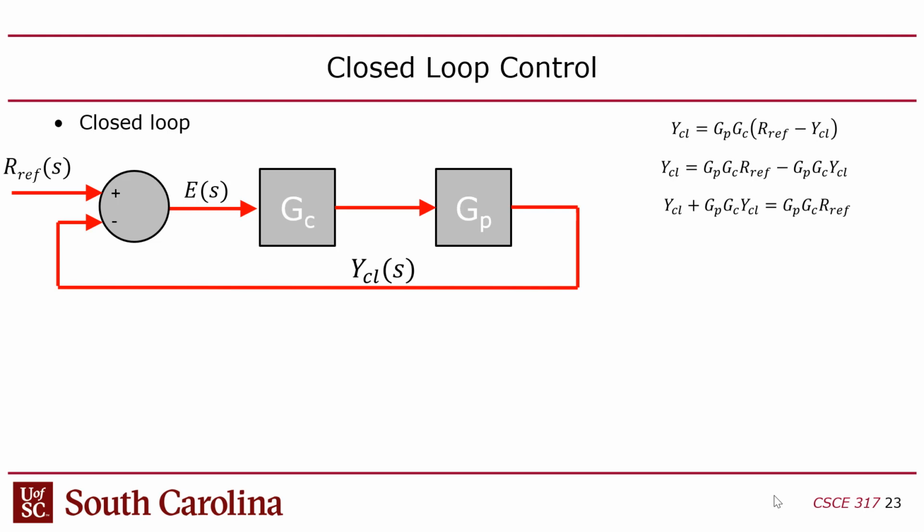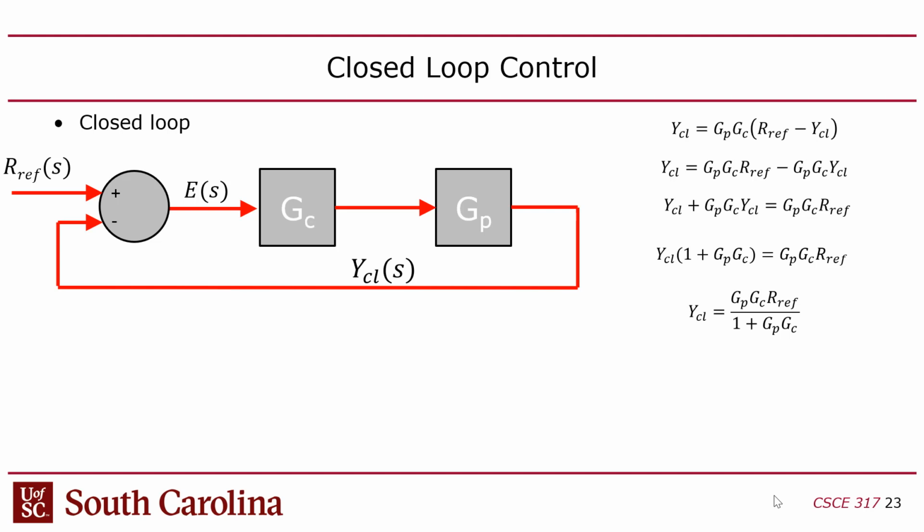So I basically added this term to both sides. And then we take out YCL. So I divide YCL out of this side. So it's YCL times 1 plus GPGC equals GPGC times ref. Okay, so now I've got YCL by itself.